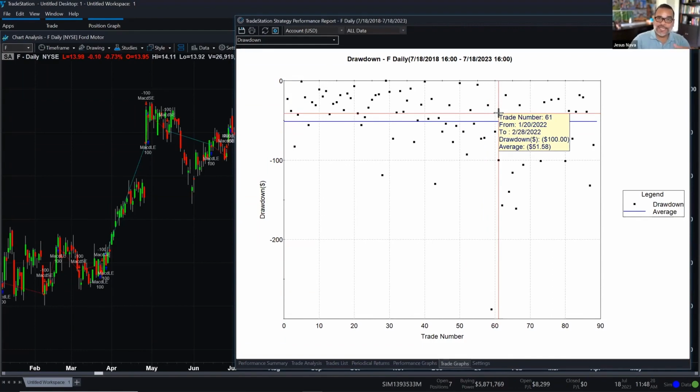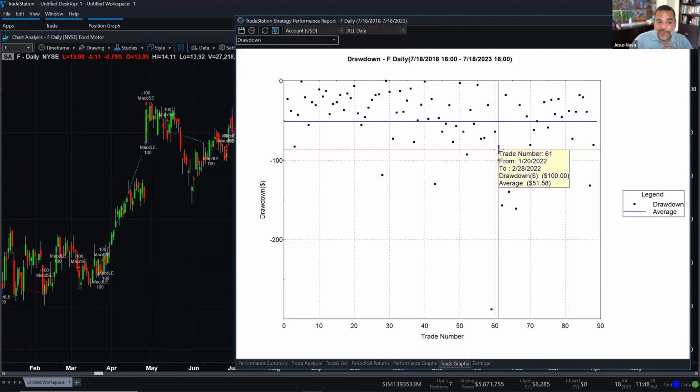So you can see that this particular graph is just giving you drawdown per trade. Even though we did have a profitable outcome for trade number 61, this is showing how much drawdown there was on that trade, which is good to know. If you had a very tight stop loss, say a $100 stop loss, that would have made this winning trade a losing trade, because it did have a drawdown of 100, meaning that at a certain point it was losing $100.